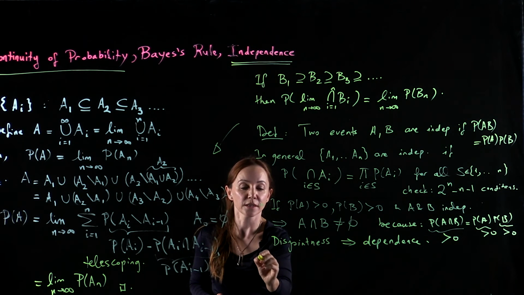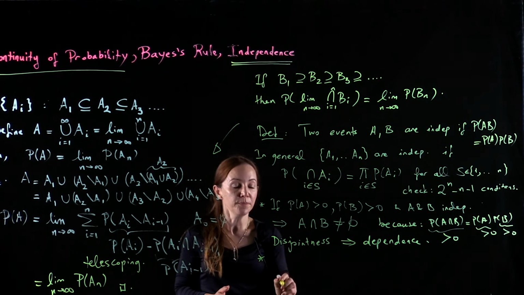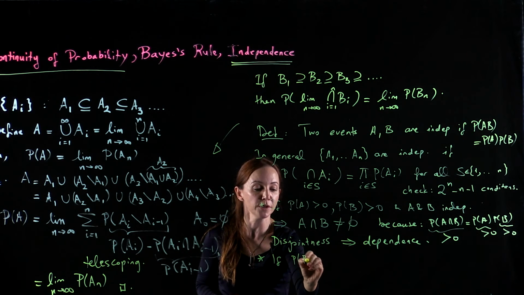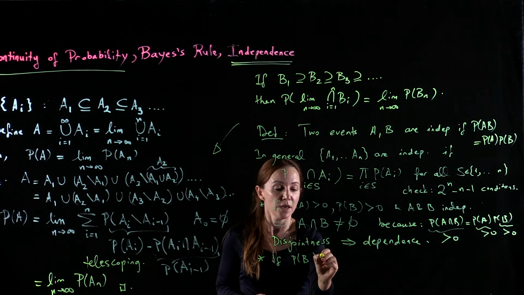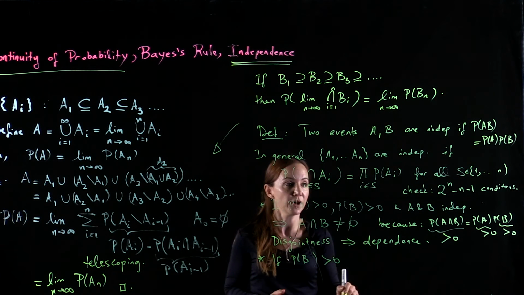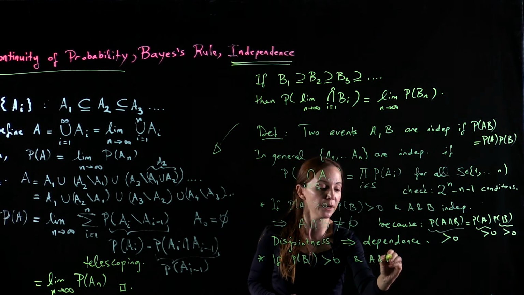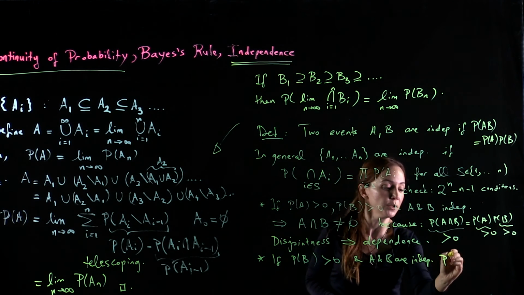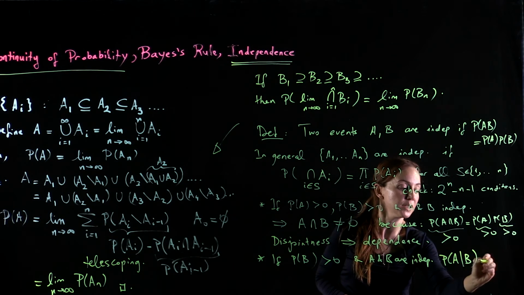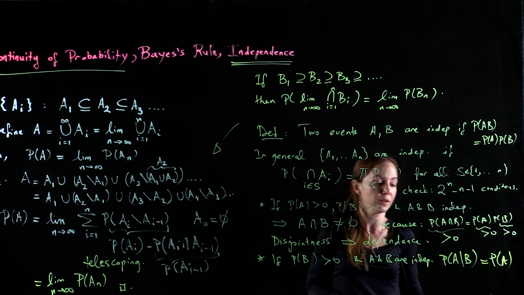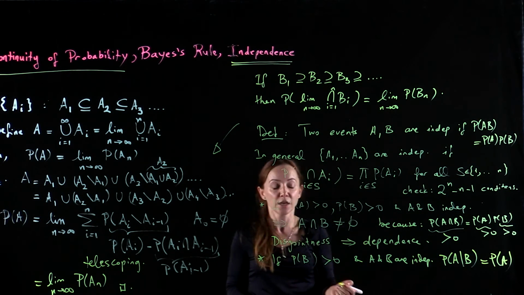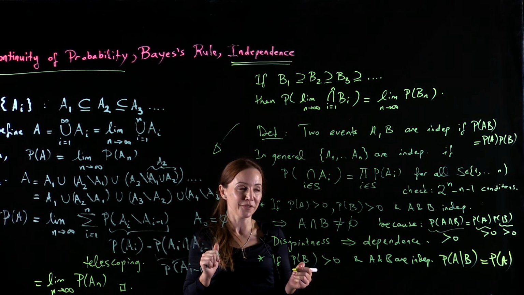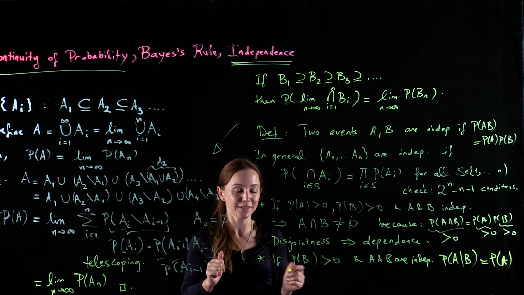Okay. Secondly, if the probability of B is positive, and A and B are independent, then the probability of A given B must be equal to the probability of A. Now, why is this true? Let's remember the definition of conditional probability.